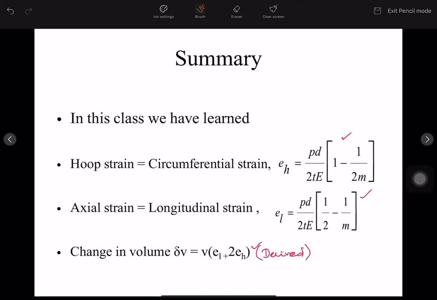We have derived an equation for volumetric strain actually, which is equal to delta V by V. So delta V is the change in volume or capacity, which is nothing but the original volume into longitudinal strain plus 2 times hoop strain, right?